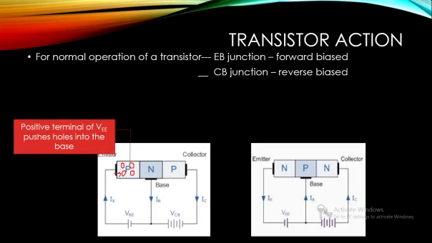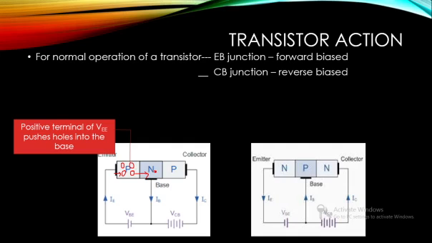repel or push the holes towards the base region, and the base consists of very few majority carriers, that is electrons, compared to the P region, because it is a very thin region and very lightly doped. So the majority carrier electrons present in the N region are very few compared to the incoming holes.